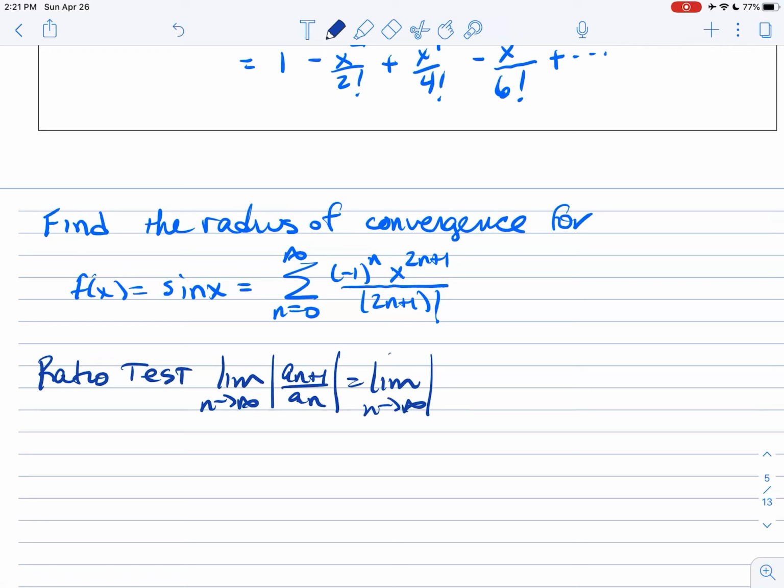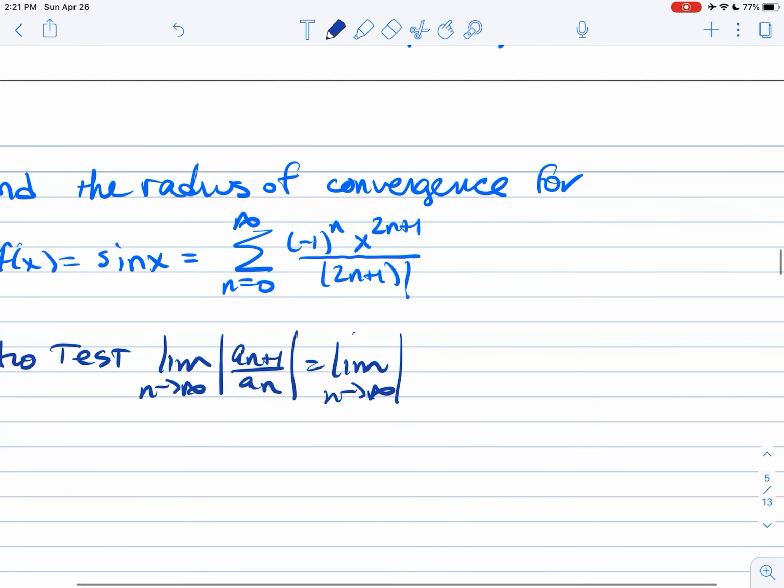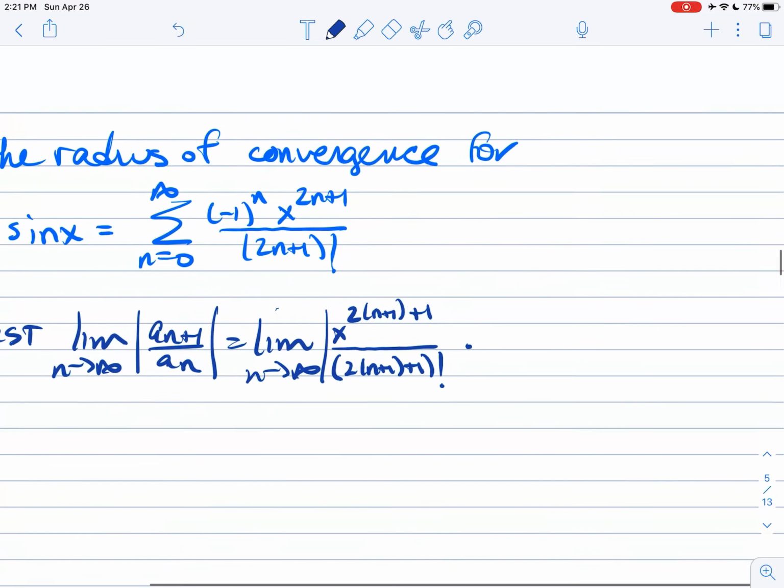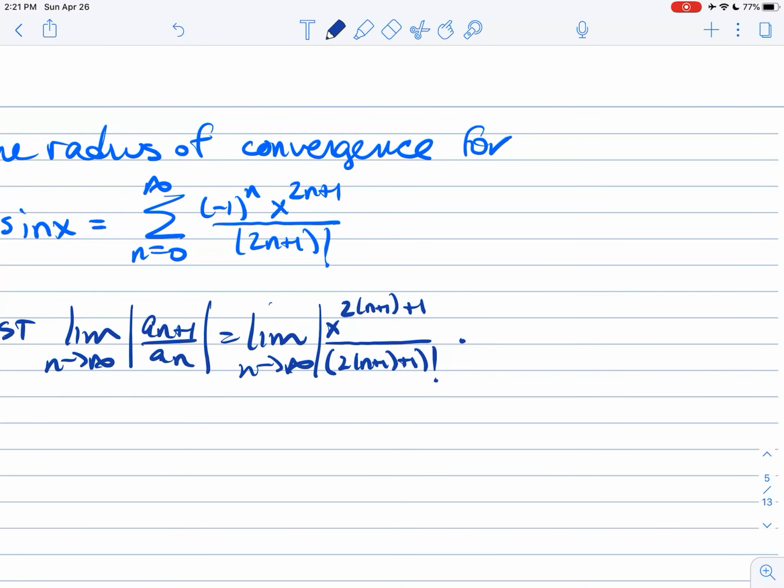That's going to equal the limit as n goes to infinity of, with (-1)^n inside absolute value bars, you don't need to include them, so I'm just going to use x^(2(n+1)+1) over (2(n+1)+1) factorial times the reciprocal of a sub n, which is just (2n+1) factorial over x^(2n+1).